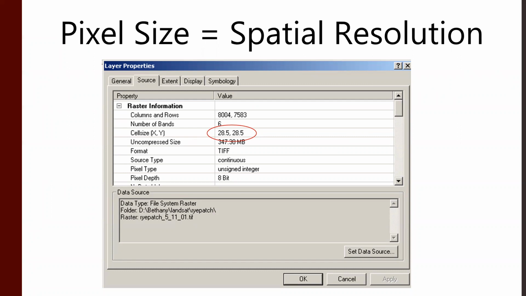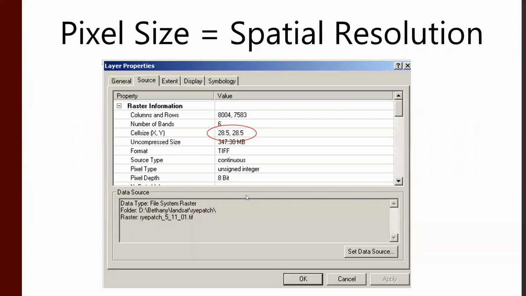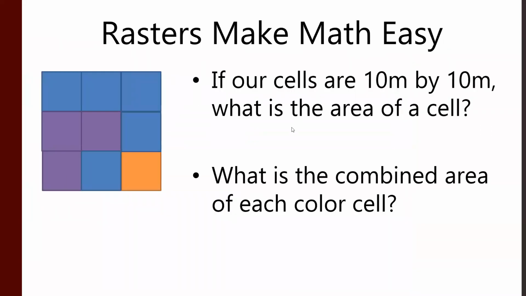So if our smallest pixel is 28.5 meters by 28.5 meters, or if it's 10 by 10, or whatever it is, we can resolve features down to that size. Anything smaller than that, we can't resolve. It's too small to be a pixel, or it's too small to be represented on a pixel.